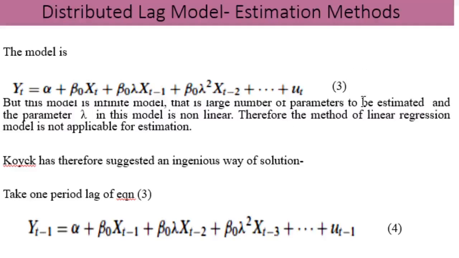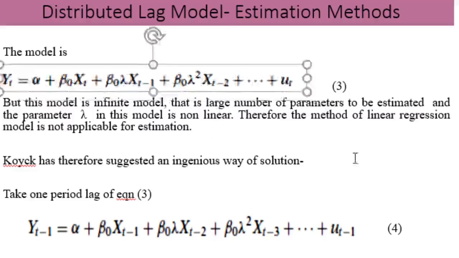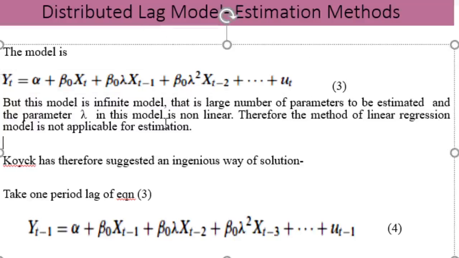But this model is an infinite model, and that is large. There is a large number of parameters to be estimated, and the parameter lambda in this model is non-linear also. Here the degree is 1, 2, etc. Therefore, it is non-linear, and the method of linear regression cannot be applied to this model.